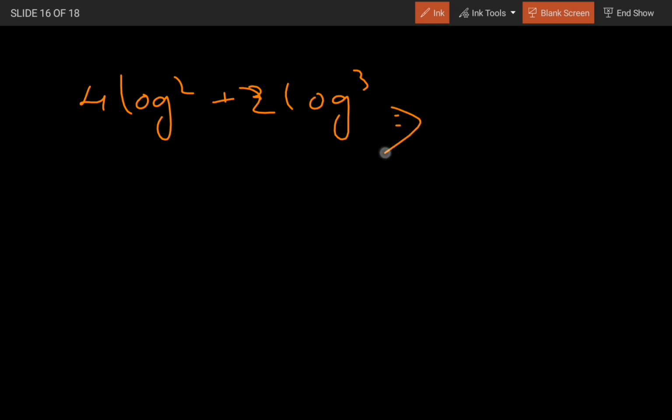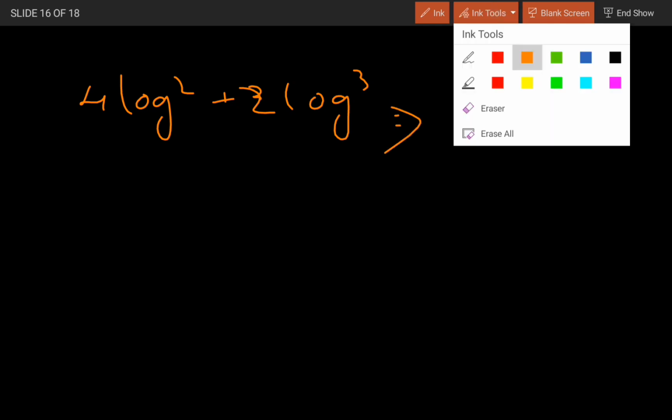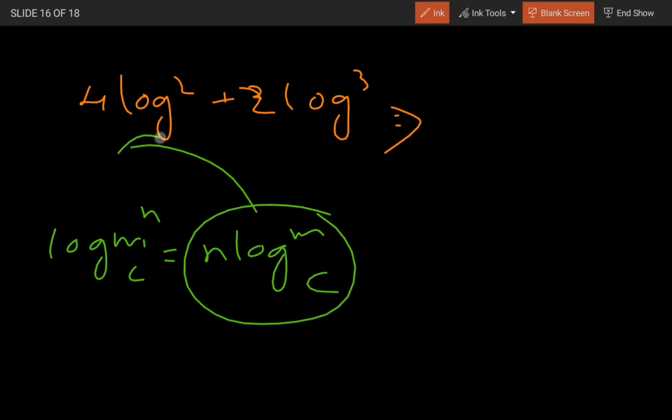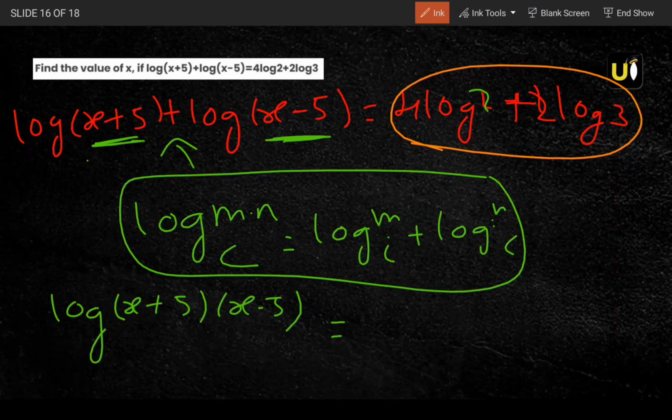Okay, so how do we write this in a simplified form? See, we have discussed a property that log m power n to the base c is n log m to the base c. So here this can be written as log 2 power 4, and similarly this can be written as log 3 square. Have you understood?